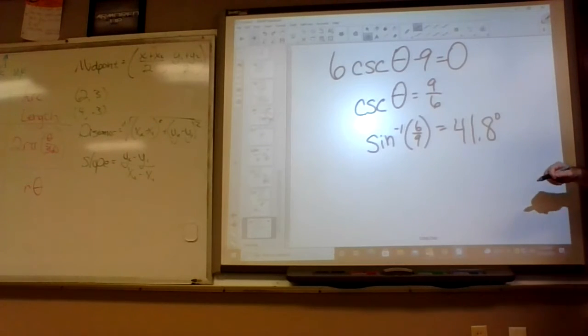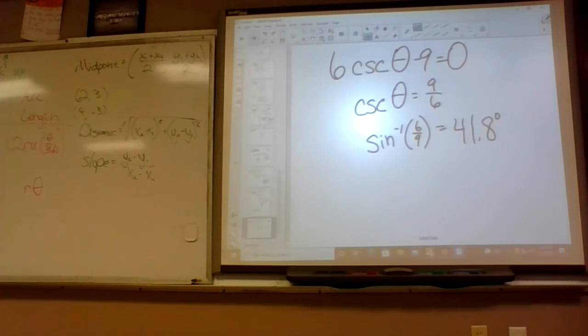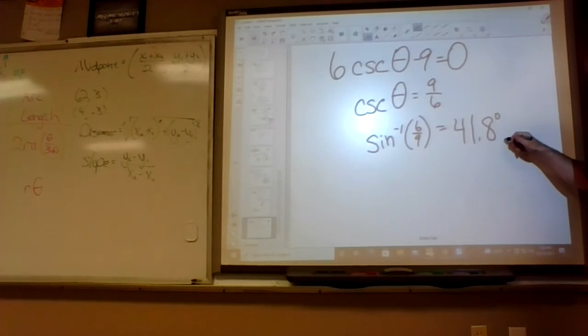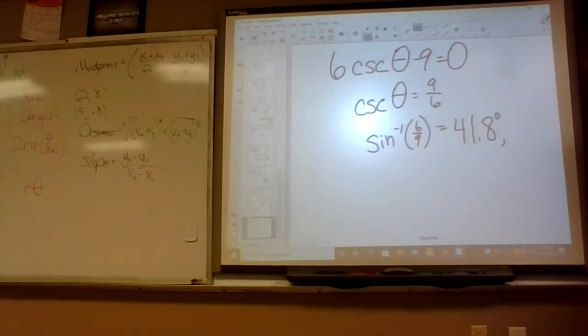Okay. So sine is positive in the first and second quadrant. 41.8 would be the first quadrant angle. How do I find the second quadrant angle? 180 minus 41.8. And then why is it subtract again?